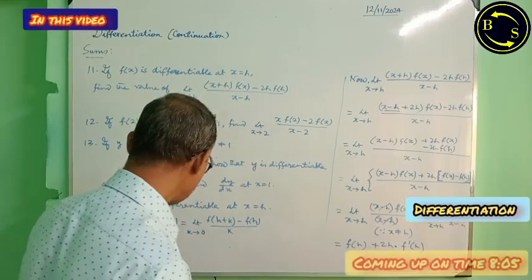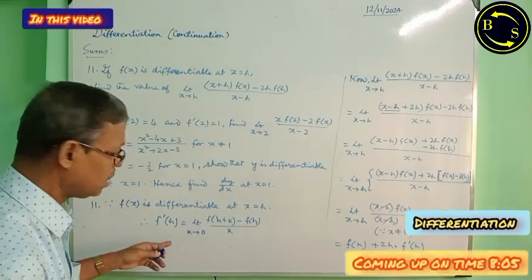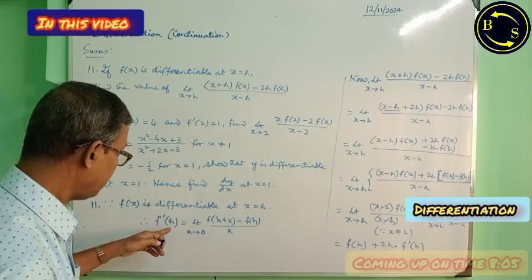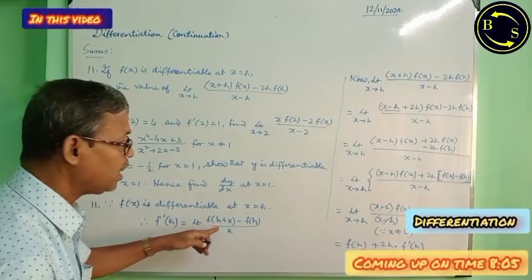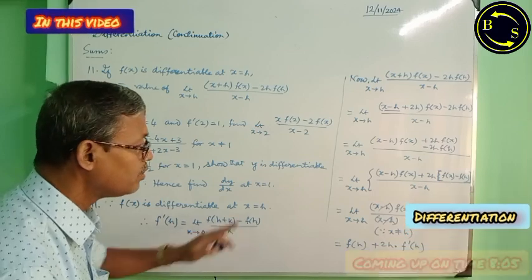You can recall this: f dash h is equal to limit k tends to 0 of f of h plus k, this.